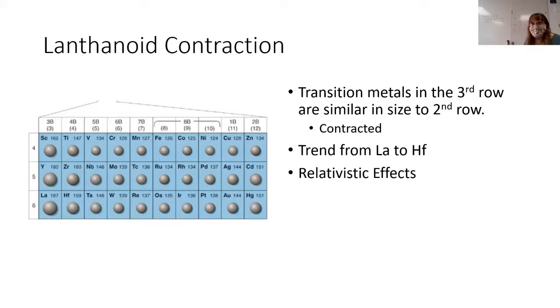They were approaching the speed of light, and so they were heavier. Well, that heaviness causes them also to be sucked in closer to the nucleus, and usually the s orbitals are the ones that define the size of an atom. They're the most extended. So with those being sucked in, the overall atom is smaller.